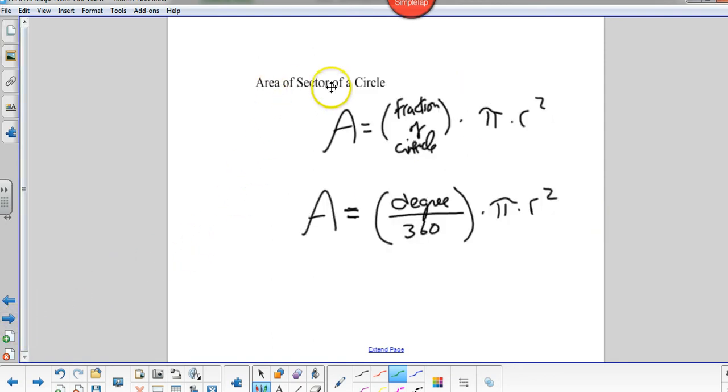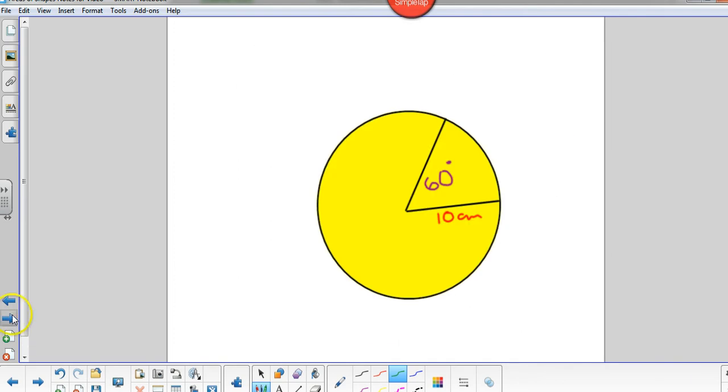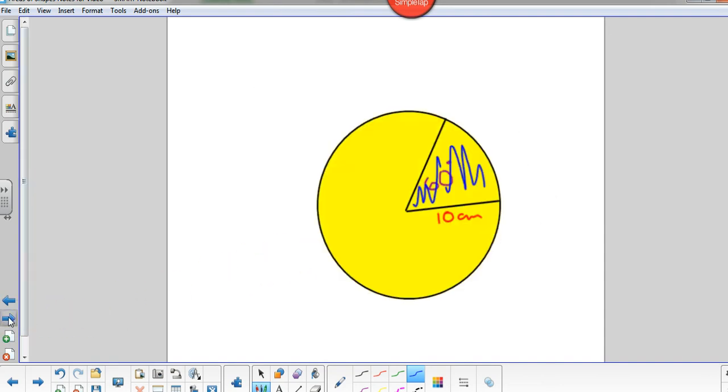And last thing is, if it's just a sector of a circle, like a Pac-Man, we're going to find the area of this blue region. That's a sector, Pac-Man's mouth, I guess. It's just a fraction of the circle. So figure out what fraction of the circle it is, and multiply it by pi r squared. You can find the fraction of the circle by taking whatever the degree measure is and dividing that by 360, so that'll tell you what fraction of the circle it is, and then multiply by pi r squared.